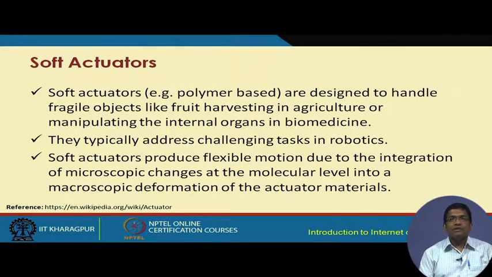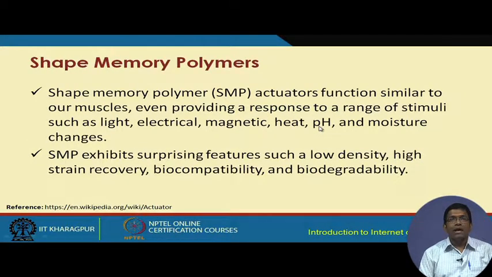Soft actuators are quite popular, and they use shape memory polymers, SMPs, whose behavior changes depending on the stimuli. The stimuli for these polymers are light, electrical signals, magnetic signals, heat, pH, etc. These polymers behave differently due to variations in these physical properties.